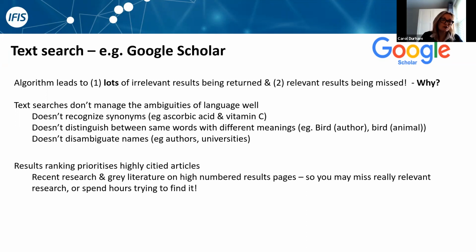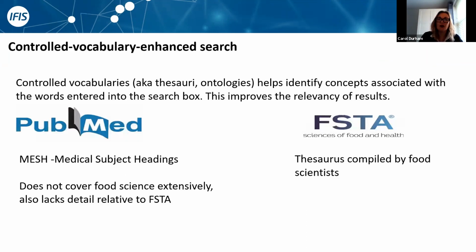You're not going to find it because it's not highly cited, and it may be on page 17 of a Google Scholar search. So you could spend many hours trying to actually find it. It's time consuming.